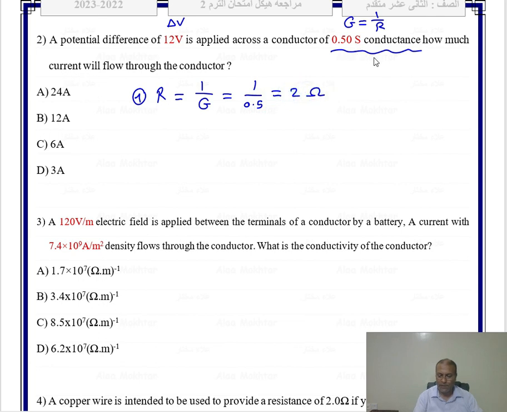S is Siemens. How much current, I, measured in amperes, will flow through the conductor? I equals delta V over R, 12 over 2, it's 6 amperes.